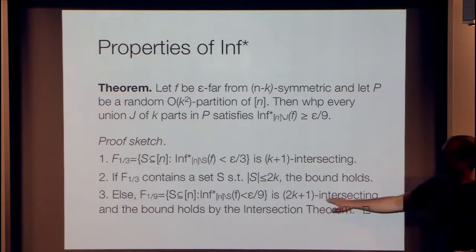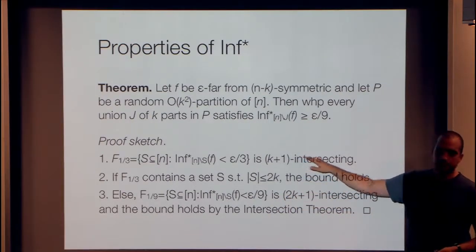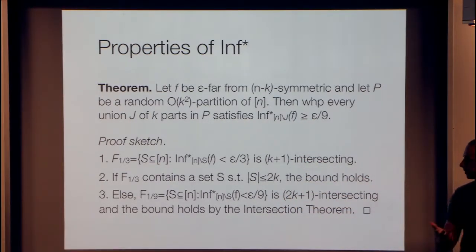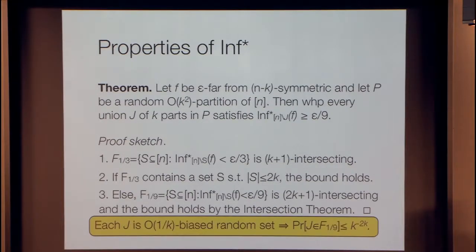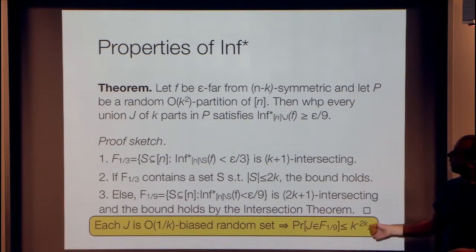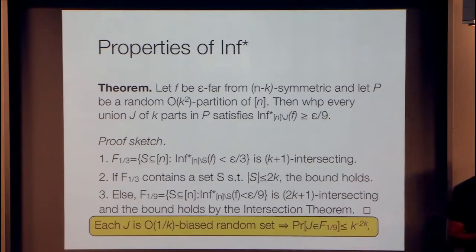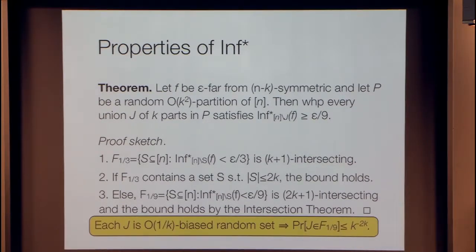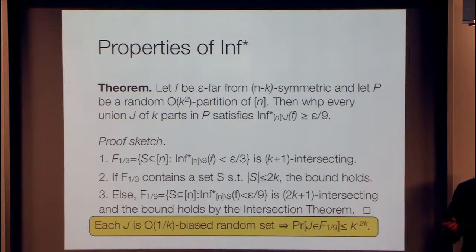And then this final step, the first part of it is exactly the same argument we used in step 1. And the last step is just the observation that if I fix any k parts, say you take the first k parts of the partition before you do the random partition, and you ask what does this set look like? It's just a random set. And the density is going to be exactly k over the number of parts that I have, k over k squared.